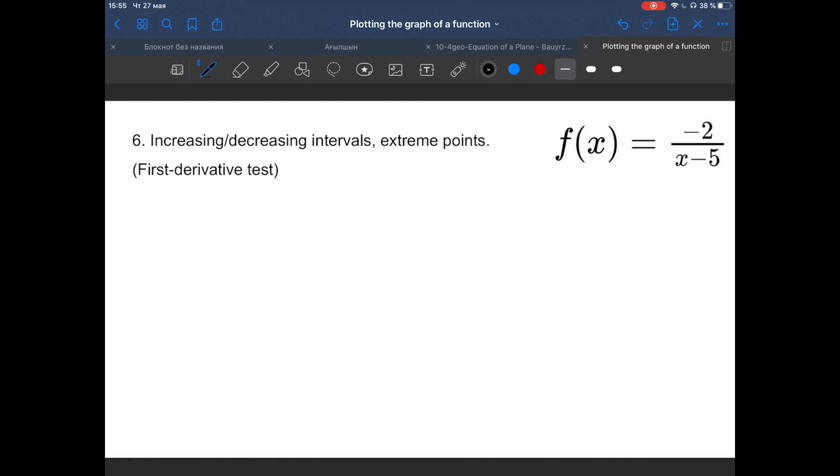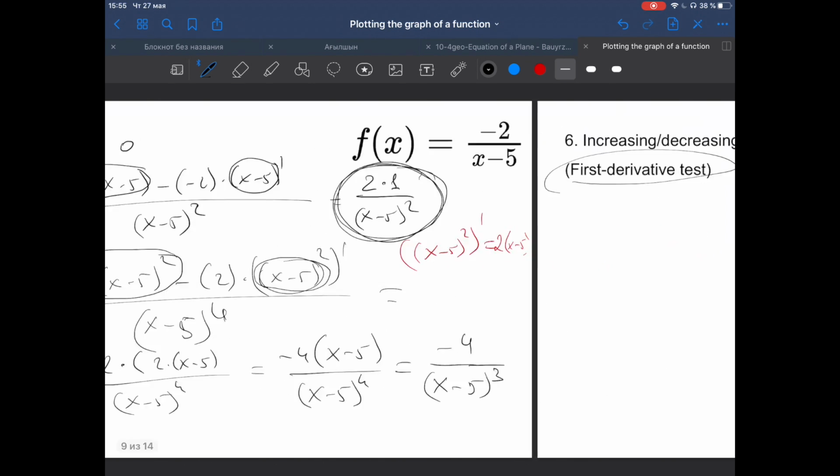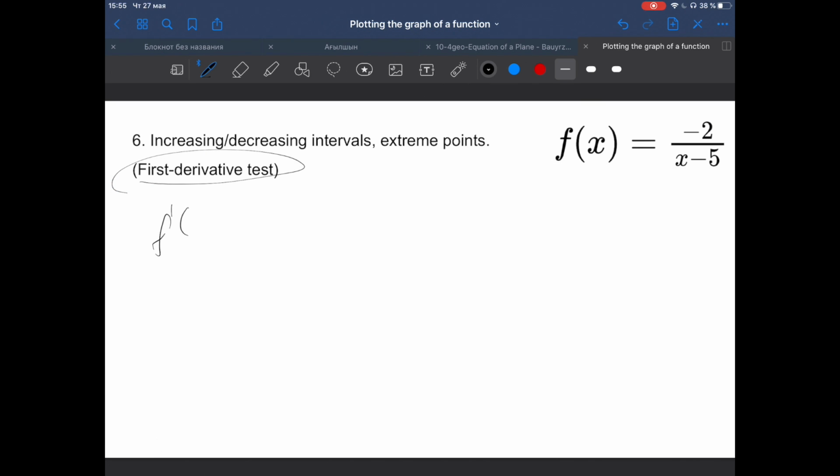After that, sixth step, increasing, decreasing intervals, extreme points. And to find these intervals, we use the first derivative, yes? And we know that the first derivative is equal to this expression, yes? 2 divided by x minus 5 squared. And I just write here, f prime x is equal to 2 divided by x minus 5 squared.